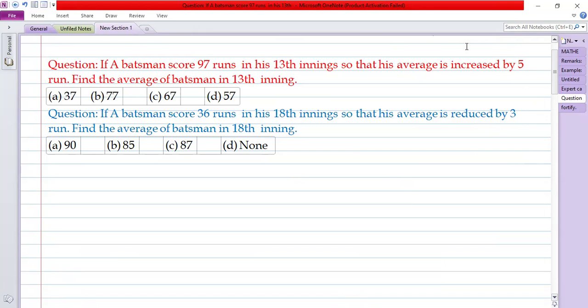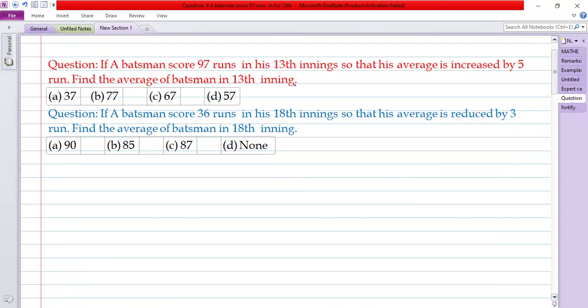Now, even these questions I had discussed in the previous lecture, means in lecture number 2, in very much detail, starting from the very basic and then discussing it with the shortcut technique.